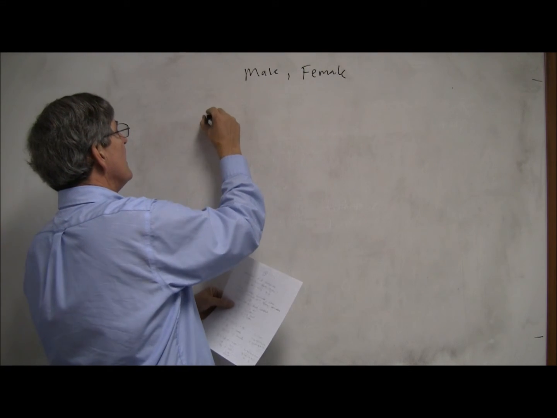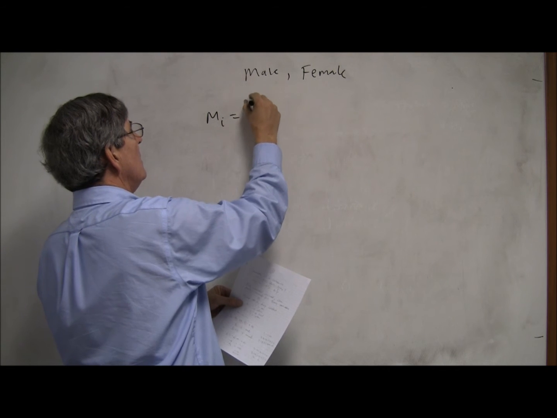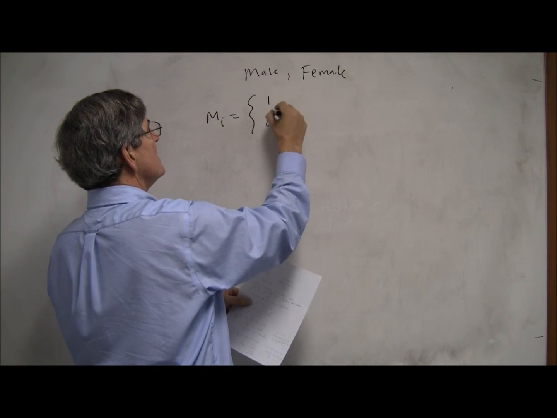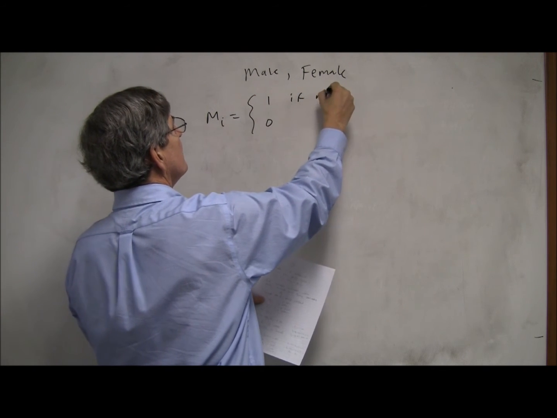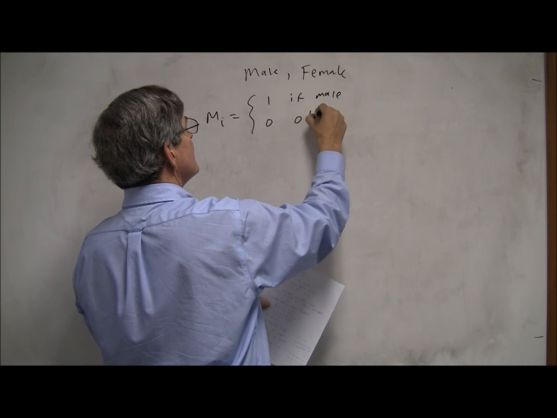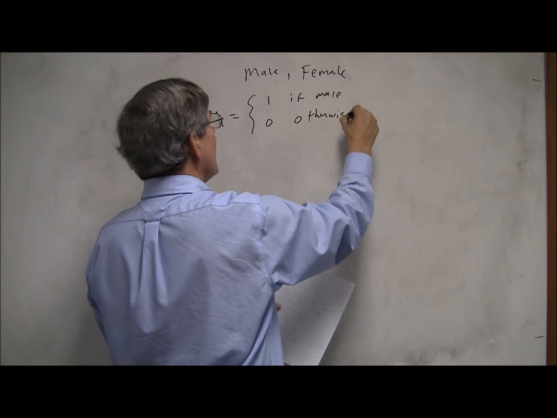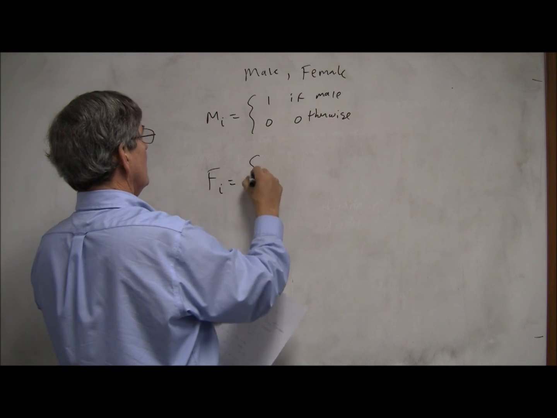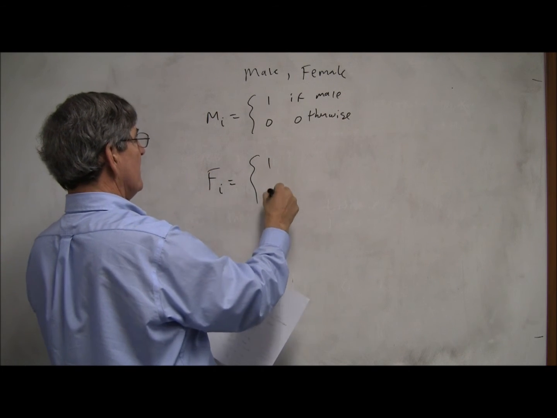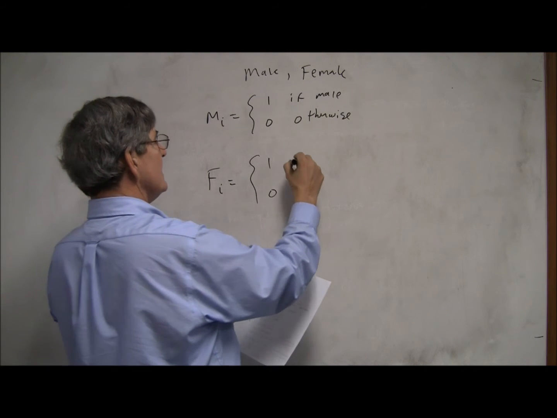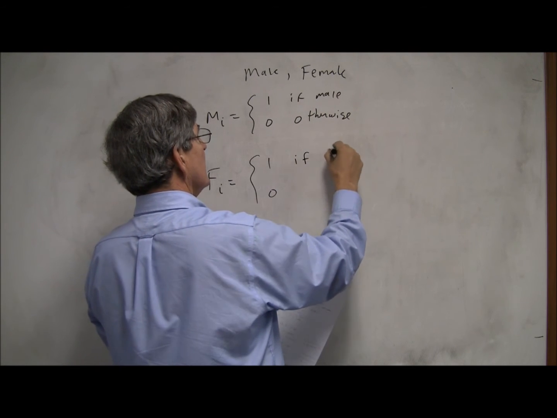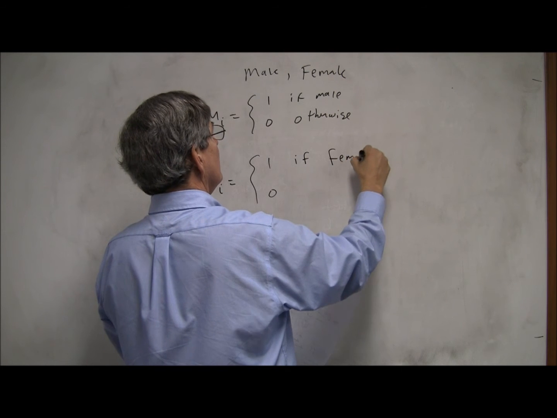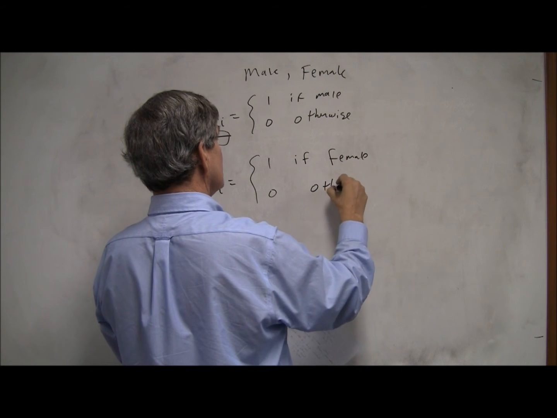And so let's have the variable mi equal 1 if male, 0 otherwise. And we're going to put everyone into one of these two categories. If you want to generalize it, you can add a third category if you want. It just makes the example harder. And fi equals 1 if female and 0 otherwise.